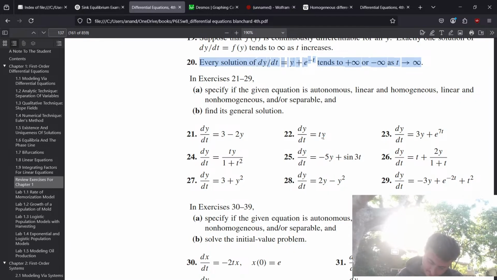Okay, then we have, it's going to be c e to the minus 2t plus 3/2.